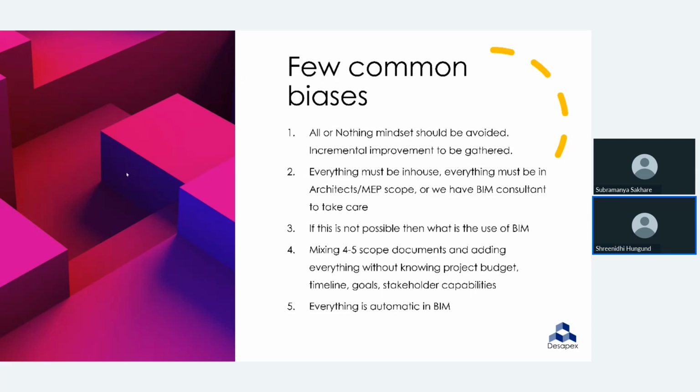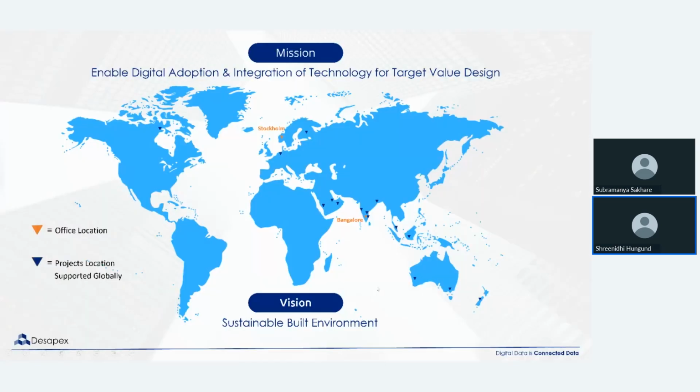This is again a common myth or pitfall. Everything is not automatic in BIM. BIM is not a magic wand where everything comes out of the BIM model without you doing anything or without using proper technologies. That is not the case.